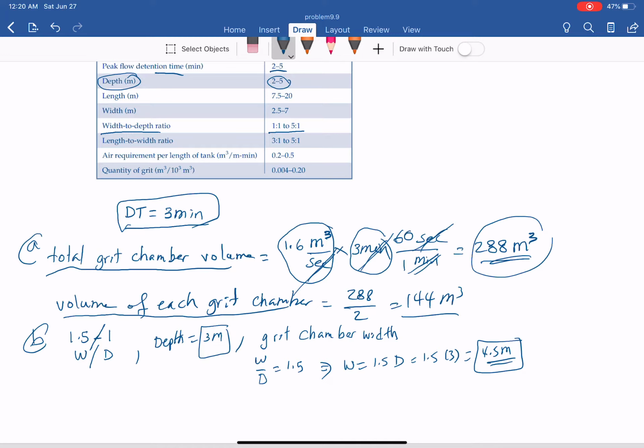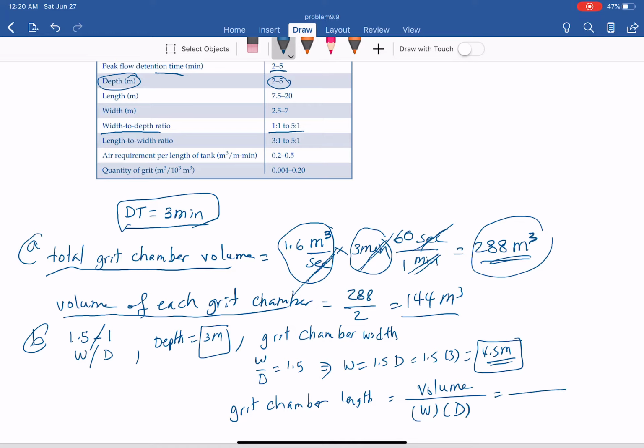Now what is remaining? The length. So the grit chamber length is equal to the volume over the width times the depth.